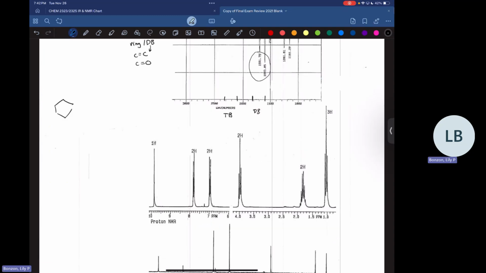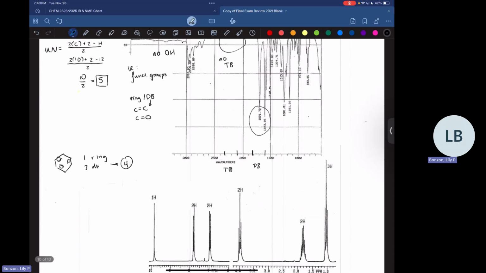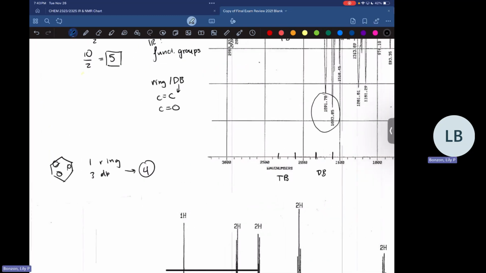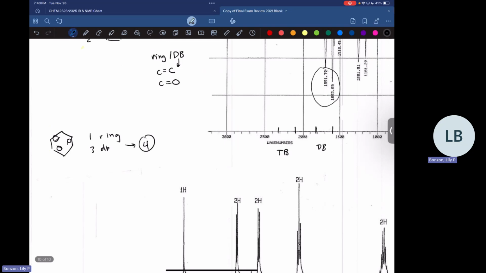Benzene is a ring that has 3 double bonds in it, and each ring and each double bond contributes 1 unsaturation number. So in total, we'd have 1 unsat from the ring and 3 unsats from the double bonds, so benzene would give us 4 unsaturation numbers. We have 5 total, so it's pretty likely that we will have a benzene in our structure.